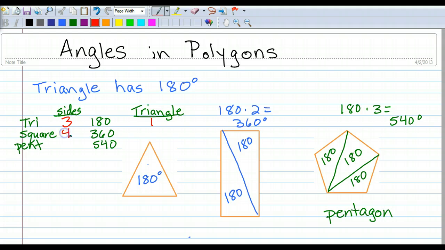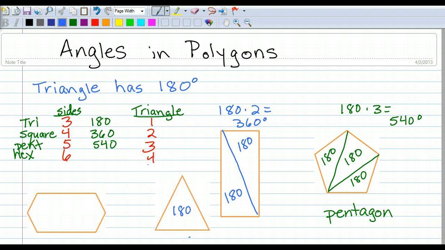A square has 4 sides, and I can make 2 triangles. A pentagon has 5 sides, and I can make how many? 3 triangles. This is getting interesting. What do you think? What's the next one? Hexagon? How many sides does a hexagon have? 6 sides. How many triangles do you think we'll be able to make? Well, if this is going according to plan, looks like I should be able to make how many? 4?